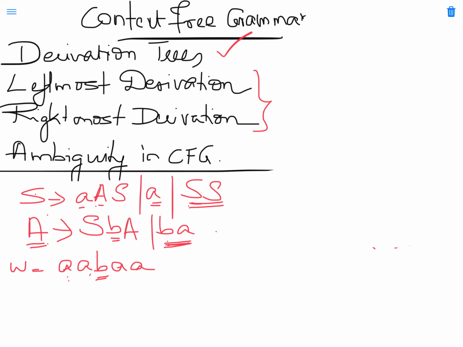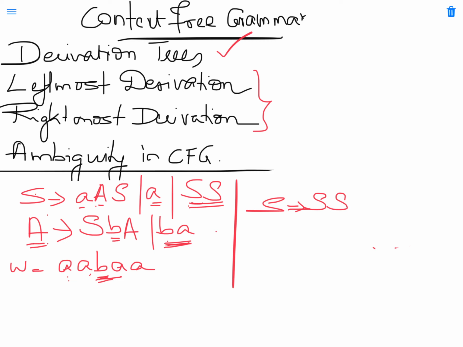So there is less chance of getting the string AABAA. So from this grammar, I am choosing the third production of S, that is S gives SS.